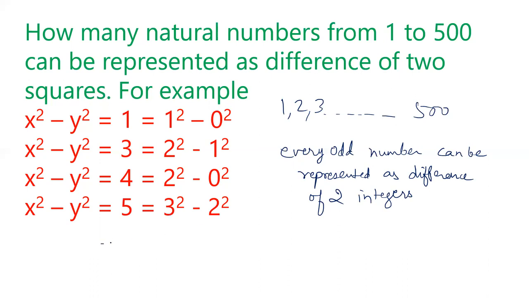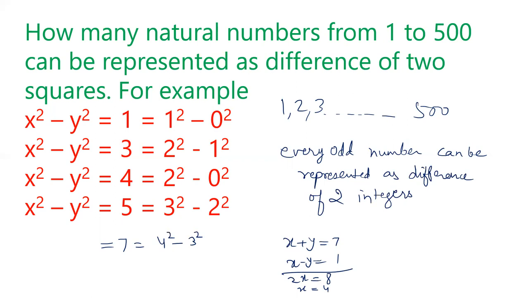Similarly, 7 can also be represented as the difference of two squares, because 7 can be written as 7 into 1. So x plus y is 7 and x minus y is equal to 1. 2x is equal to 8. So x is equal to 4, and y is 3. So 7 can be represented as 4 square minus 3 square.